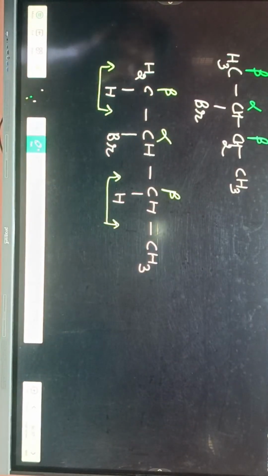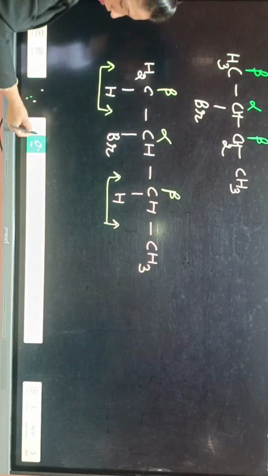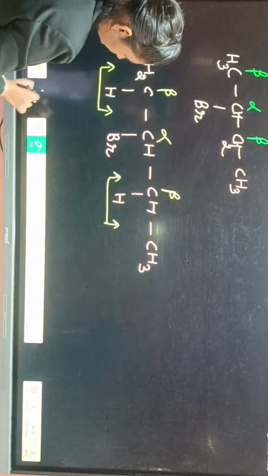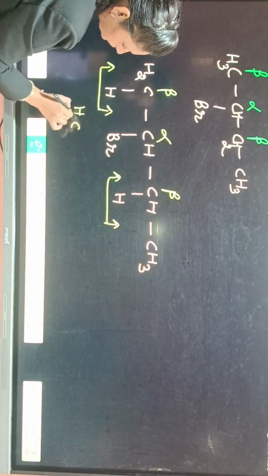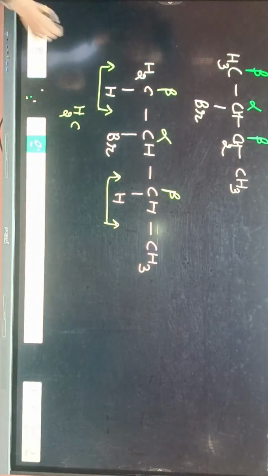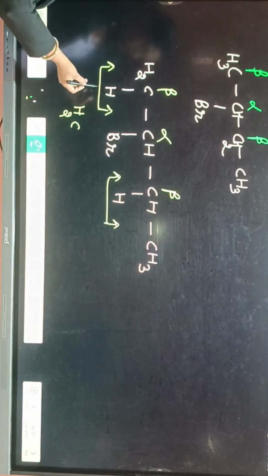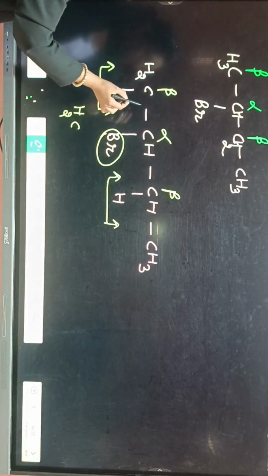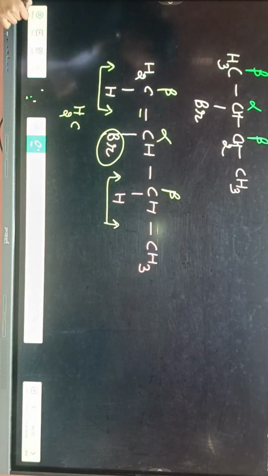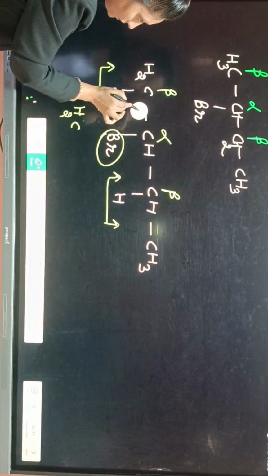Try to understand. If we eliminate from this one, then what will be the product? Then the product will be CH2, because you are removing this hydrogen only. You are removing this hydrogen and halogen, so a double bond will be there.